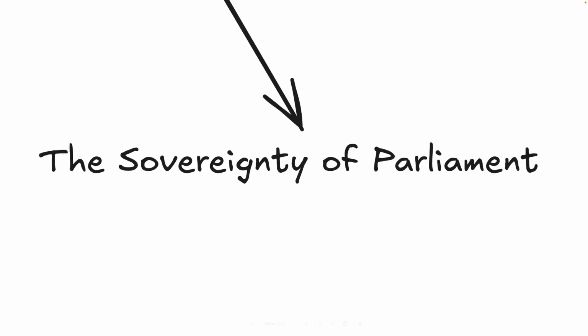Now, there are different implications and associations with this principle, and we're going to do a whole video on the parliamentary sovereignty doctrine in the future, a full mind map in the same way. This is a principle that has been modified, for example, by the UK's membership of the European Union prior to Brexit, the incorporation of the European Convention on Human Rights, the ECHR, into domestic law via the Human Rights Act, and additionally devolution, which granted a number of powers to the Scottish Parliament, the Welsh Senedd, and the Northern Ireland Assembly.